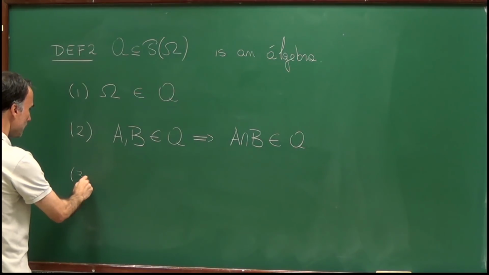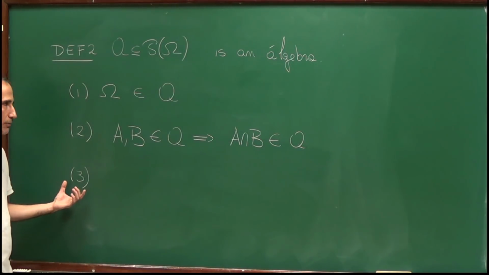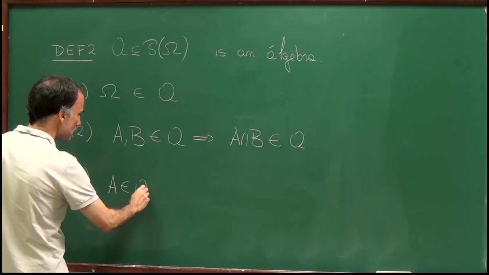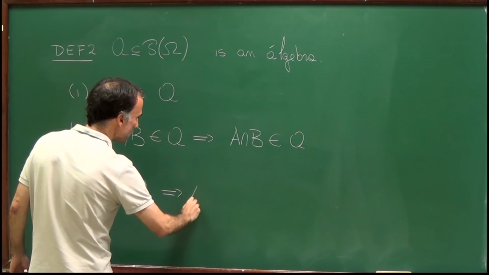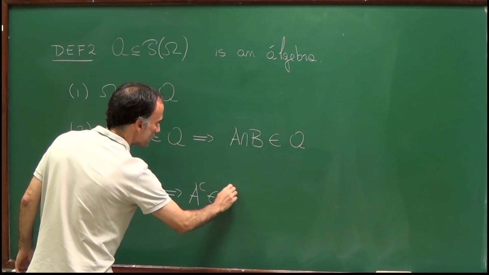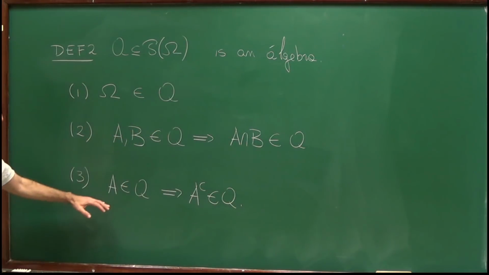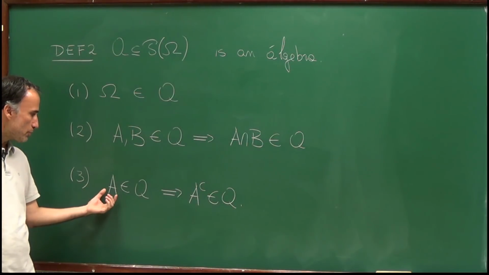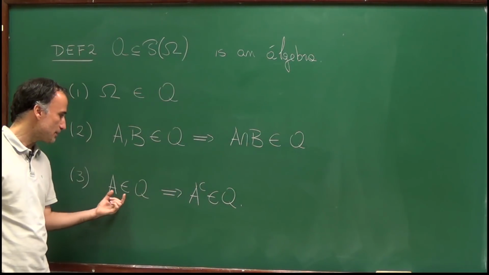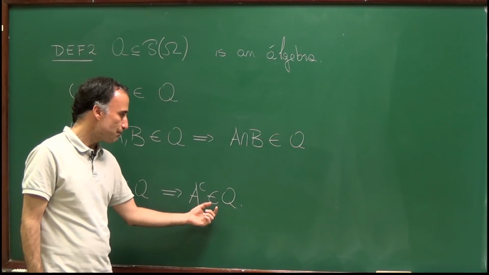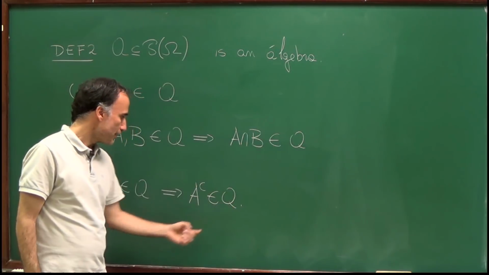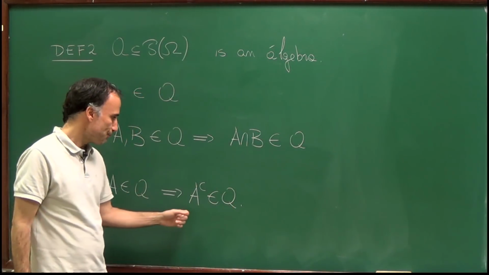And now we will require more about the complements. We will require that if A is an element of the algebra, then the complement of A is also an element of the algebra. So here is the difference between algebra and semi-algebra. While for a semi-algebra we require that the complement of a set in the semi-algebra can be written as a finite disjoint union of elements, here we require a stronger condition.